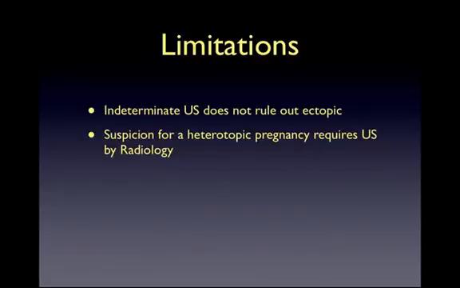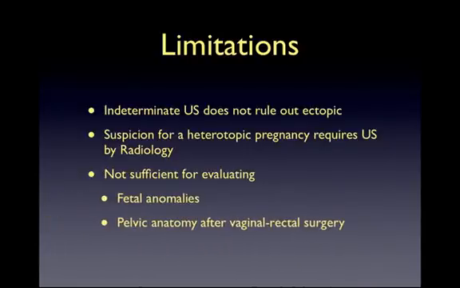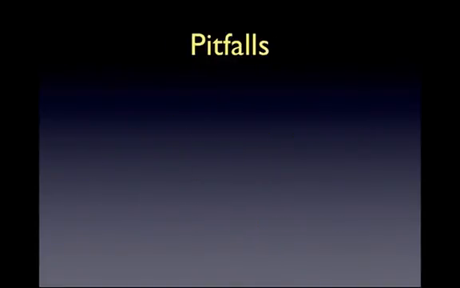In addition, patients who have undergone assisted reproductive technology and are at risk for heterotopic pregnancies require a thorough ultrasound examination by the Department of Radiology to rule out the presence of an ectopic pregnancy. Lastly, focused emergency ultrasound is not sufficient for identifying or ruling out fetal abnormalities, or for evaluating pelvic anatomy after vaginal rectal surgery.